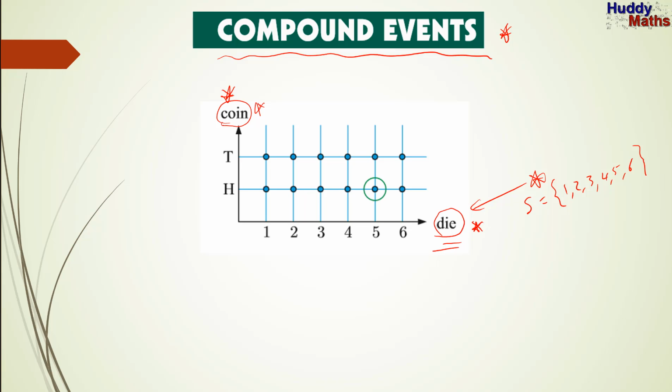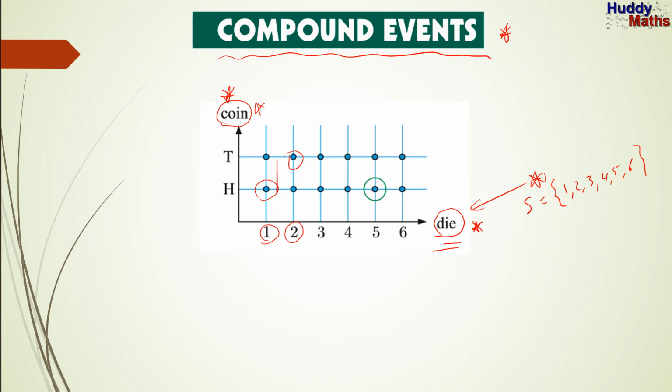So let's go through it again now. You could have a 1 on a die and a head on the coin, or you could have a 2 on the die and a tail on the coin.